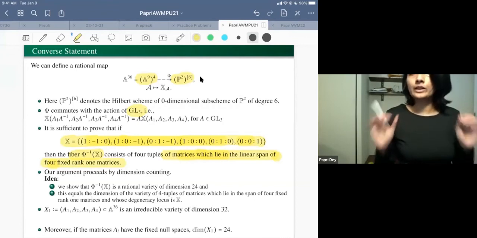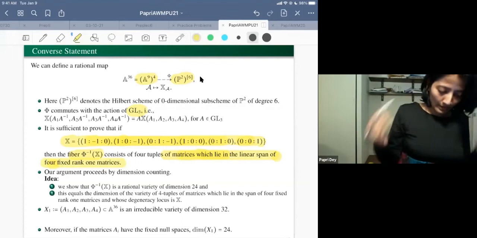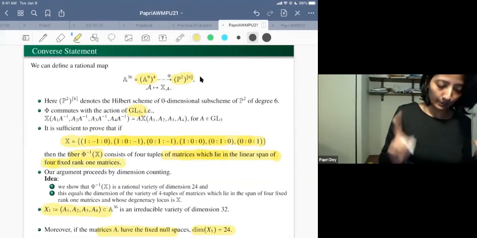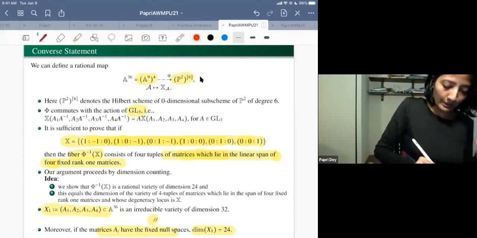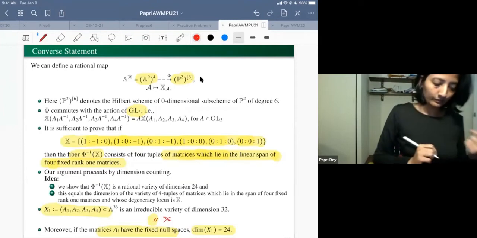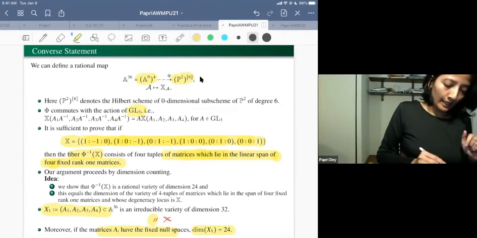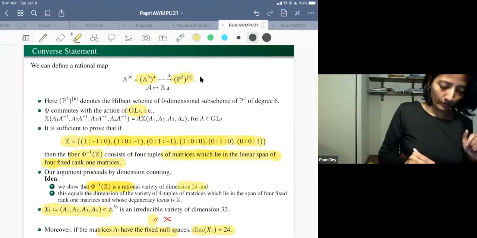In order to do that, we use dimension counting. On one side, we have already shown that this variety has dimension 24 if we impose the condition that the AI have fixed null spaces, which is equivalent to the fact that it is related to one specific degeneracy locus. And on the other side, we could prove that the fiber of this map is a rational variety of dimension 24.